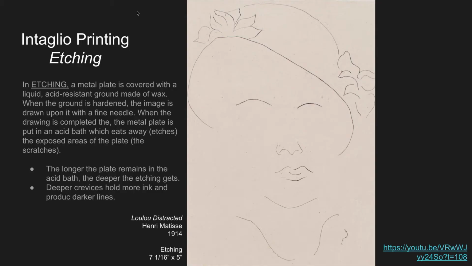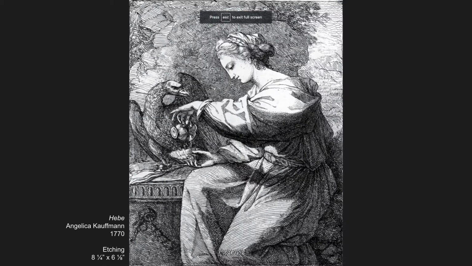So, etching. You're still creating grooves that fill with ink. And then you're still pressing paper into those grooves. But it's using acid, which I think makes it interesting.